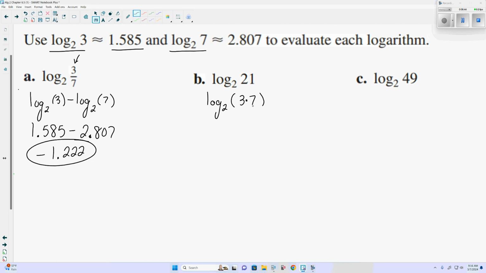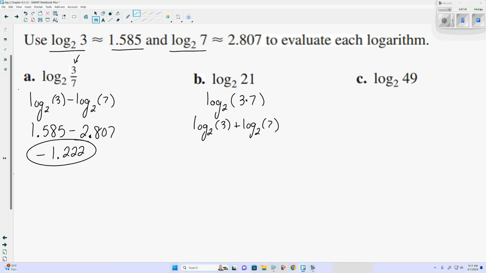Now, according to our product property, anytime we have two things being multiplied inside the log, we can rewrite it as addition of the two logs. In the general form, our product property states that log base b of m times n is equal to log base b of m plus log base b of n.